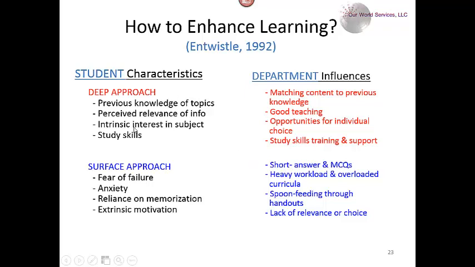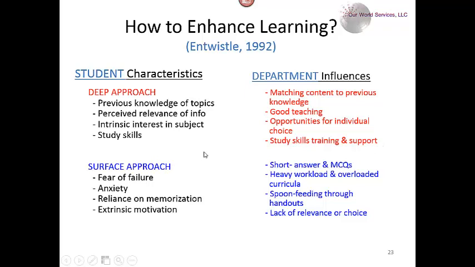If you want a deep approach, if you want deep learning, the students have to have previous knowledge of a topic. They have to have perceived relevance. They have intrinsic motivation, and they have good study skills. Department influences are matching content and knowledge, good teaching, and opportunities for individual choice and study skills training and support.